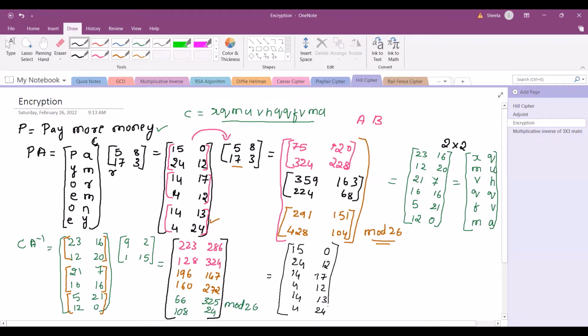Okay. So this is the same plain text matrix that we considered here. Both are the same. That indicates that we are able to get back the plain text. Okay. This is how we work with the Hill cipher.